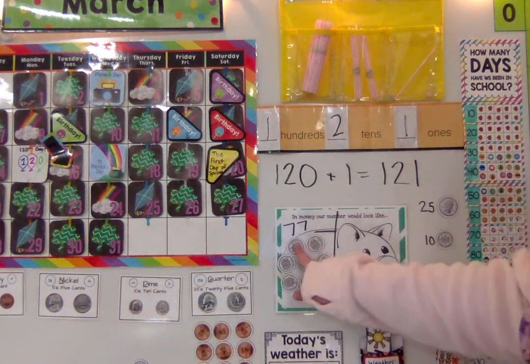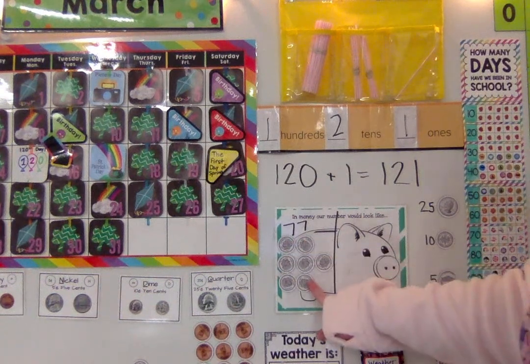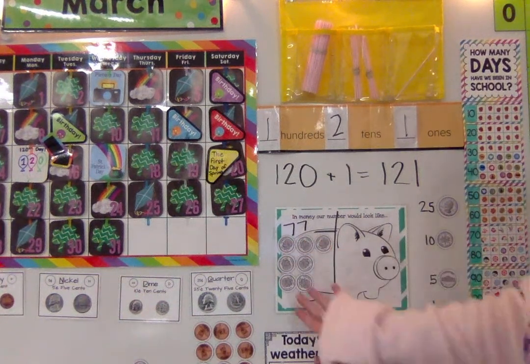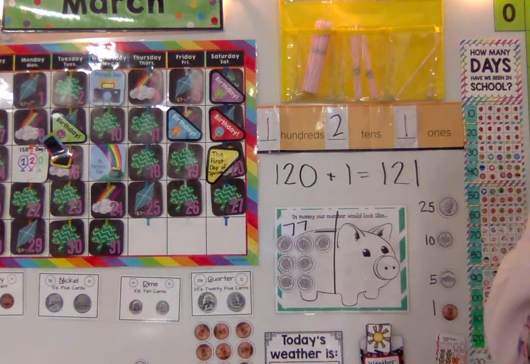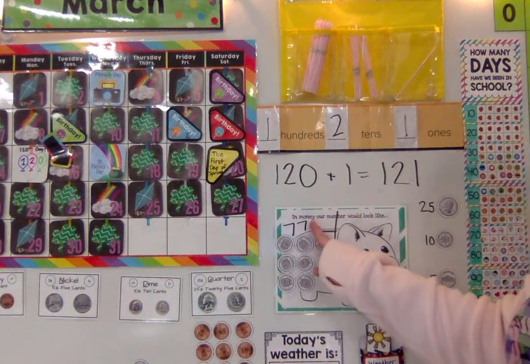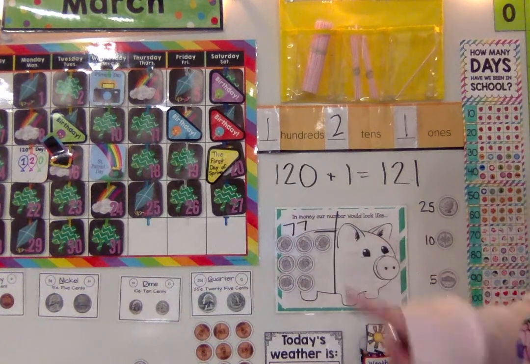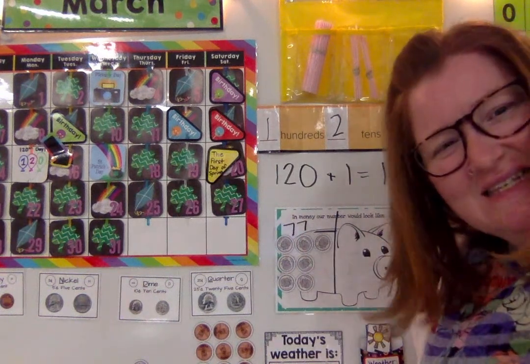So we could have 7 dimes. How could we get to 7 more cents? If we have the 70 cents, how could I get 7 more?